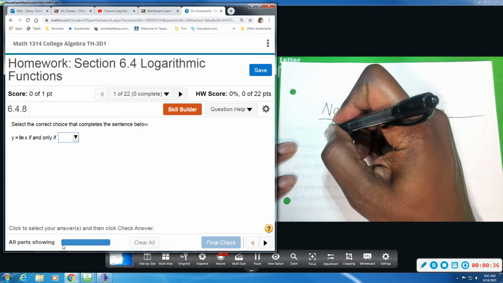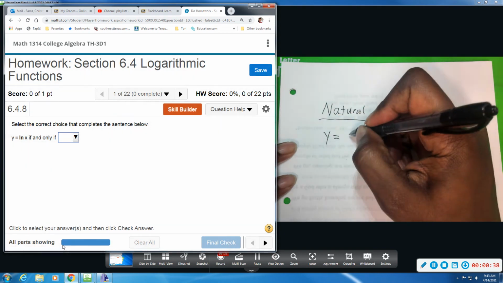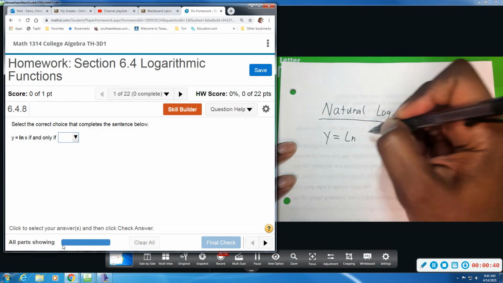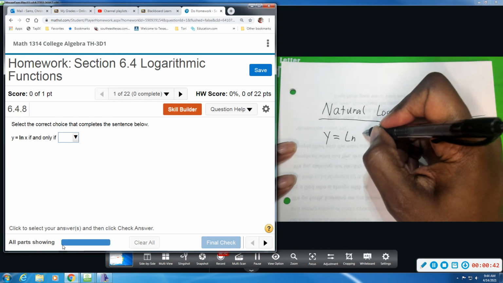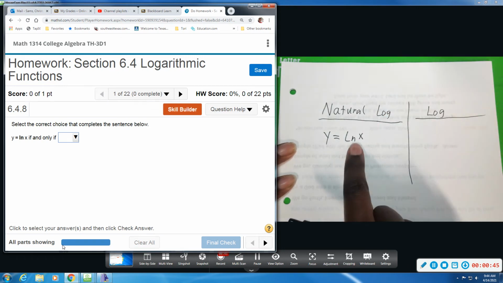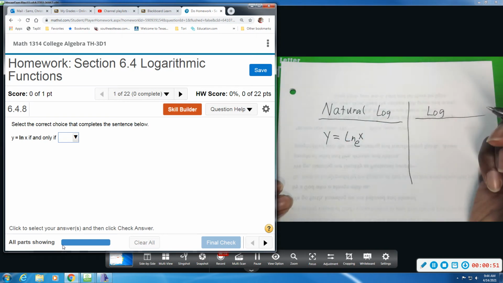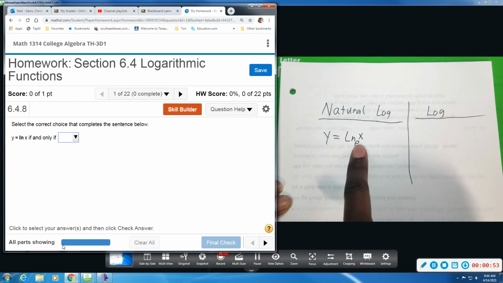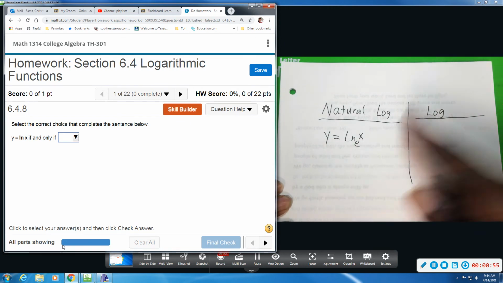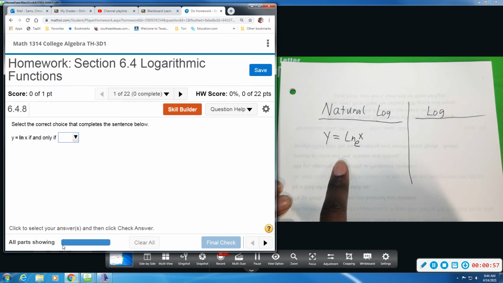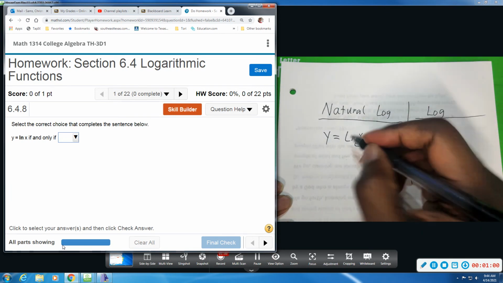So what we have right now is y equals ln, which is natural log, of x. You don't see a base down here, but when you're dealing with natural log, the base is always e. It's understood to be an e. That's always the case with natural log. The way that we rewrite this in exponential form, you take the base, it's going to continue to be your base.